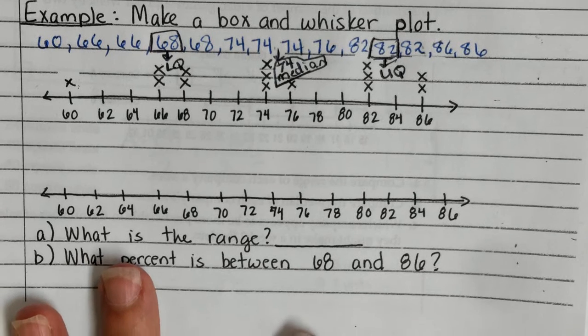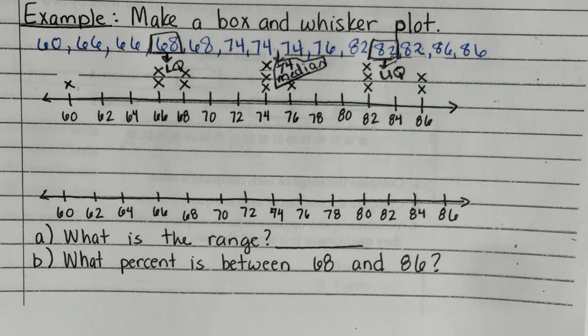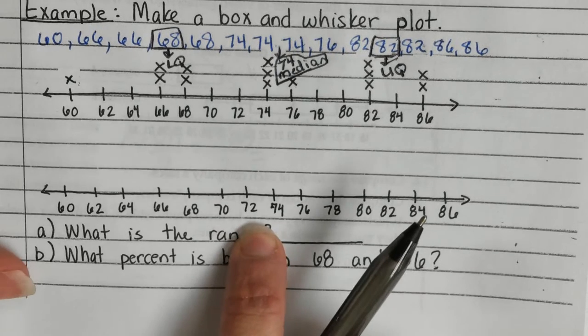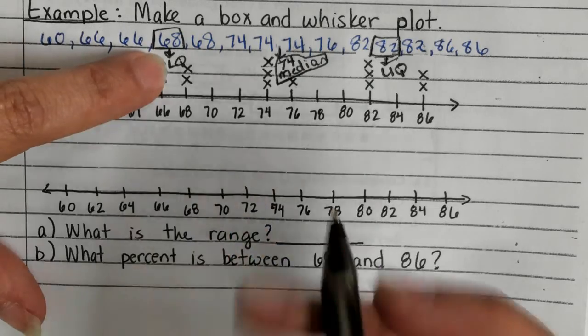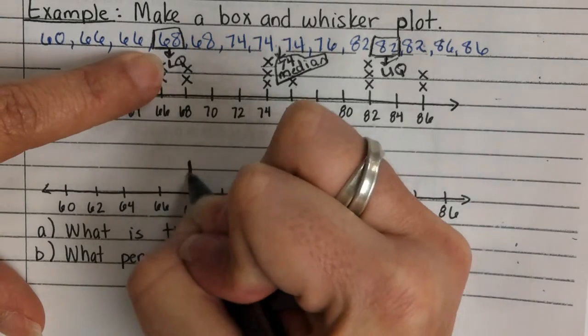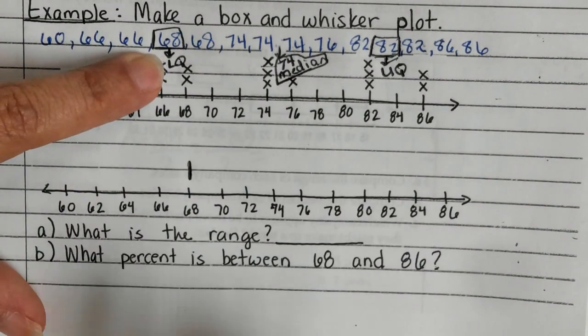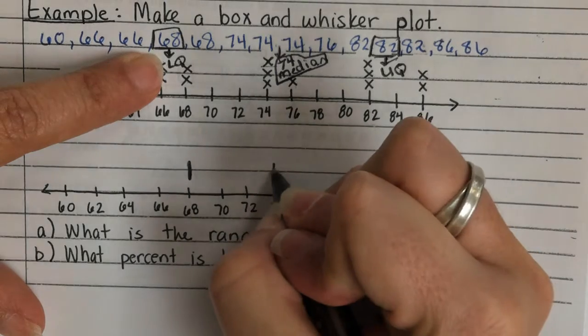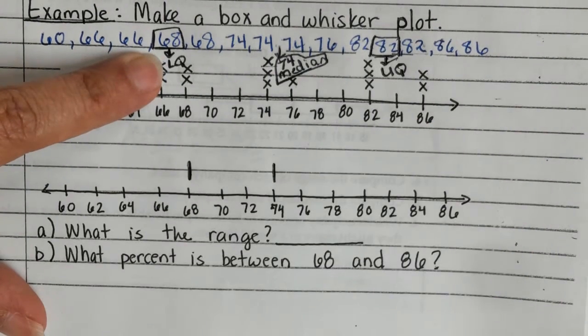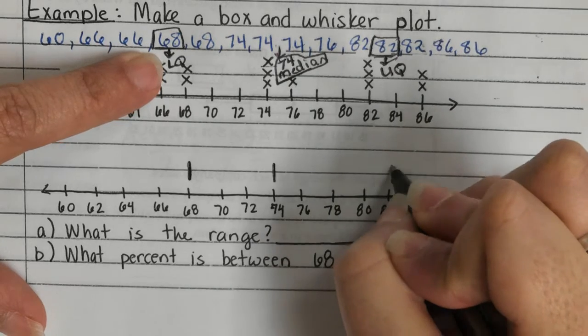Okay, now I'm going to transfer those numbers down to this number line. They want a line at the 68 for the LQ. I gave myself one. They want a line at the median of 74, and they want a line at the UQ, which is 82.